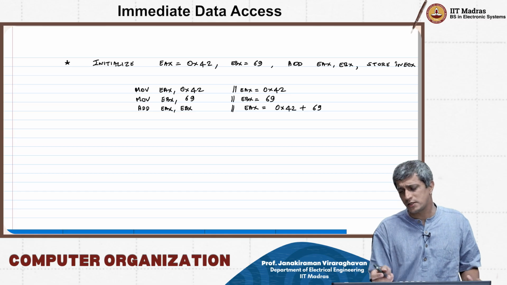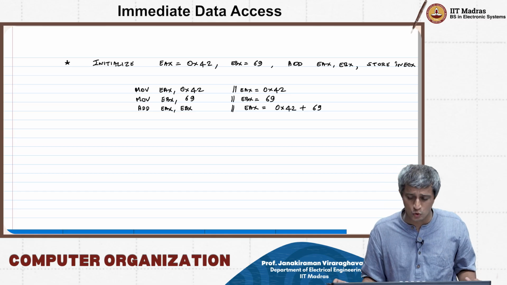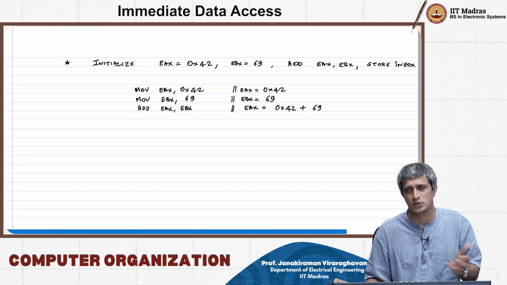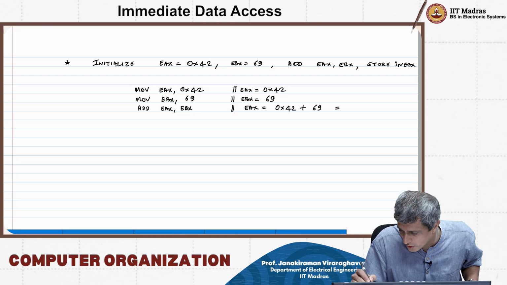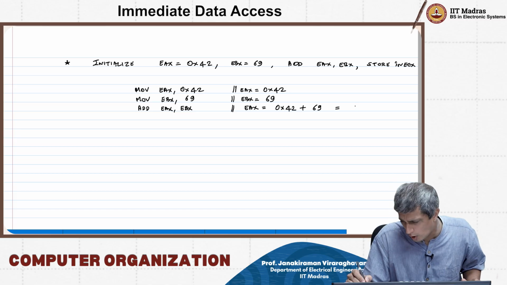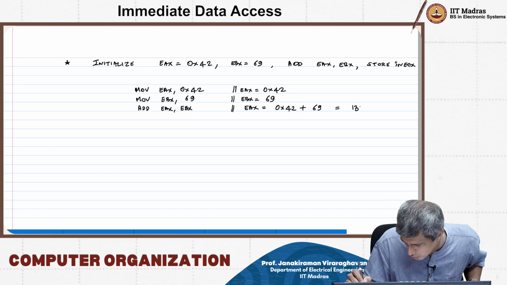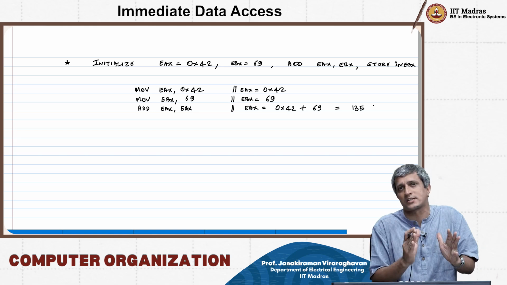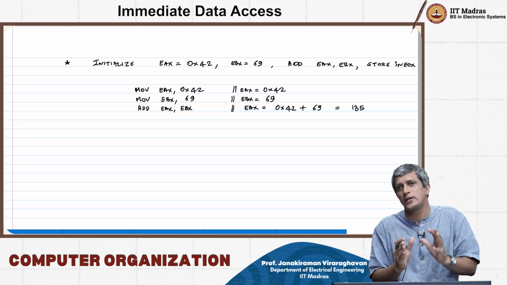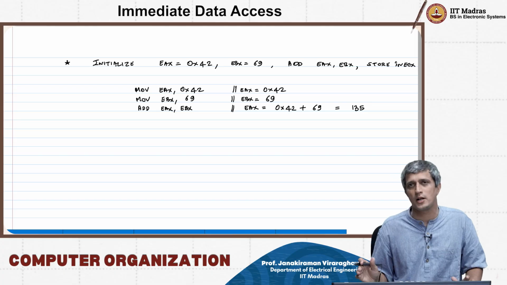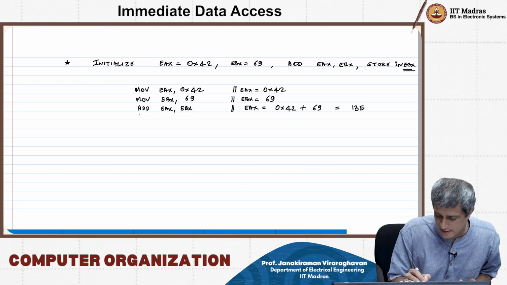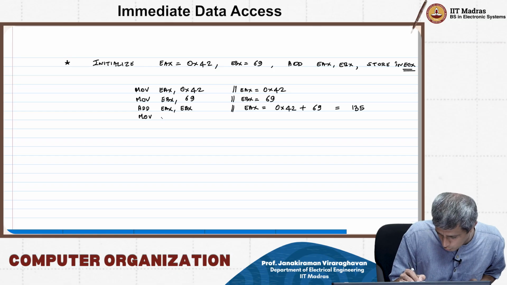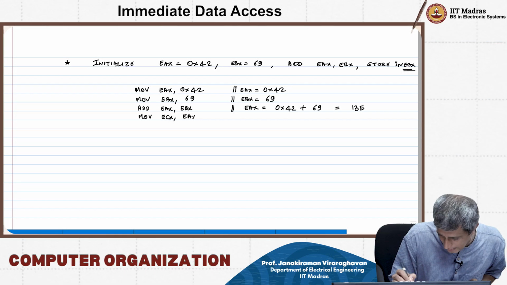So what is 0x42? It is 2 plus 16 into 4, so 66. So you will get 66 plus 69 as the answer, and therefore this will be 135. EAX will have the value 135 stored in it after this particular operation. But remember, I want to eventually store the answer in ECX. So I have to do move ECX comma EAX.